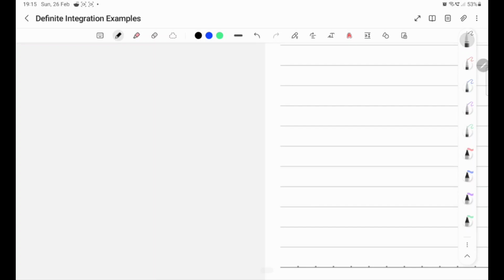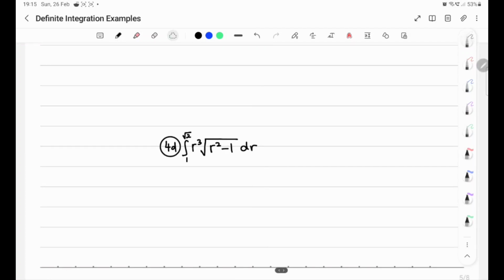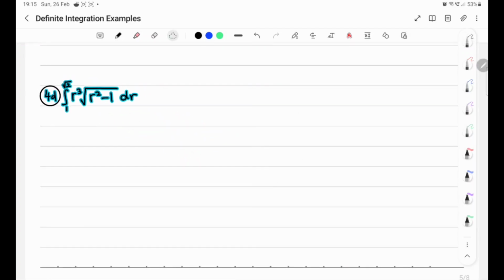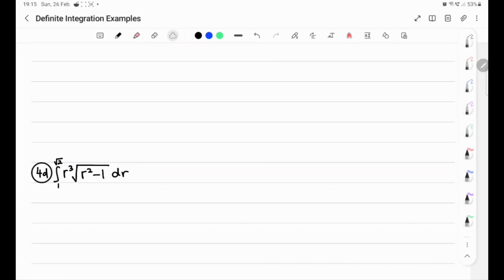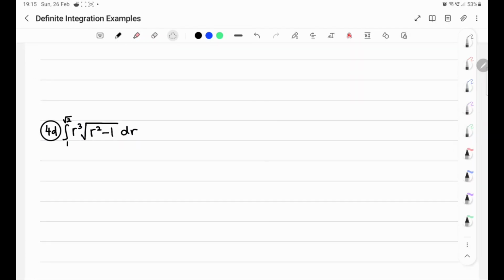So let's go to the last one over here. For this one, what we can do is to find the substitution that belongs in any logarithm, square root or brackets with a power. So this one fits the criteria. Let u equals r squared minus 1.